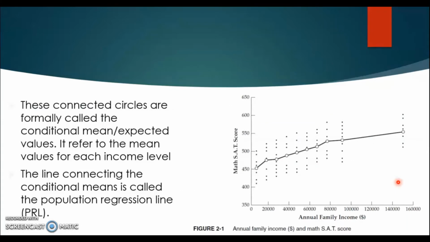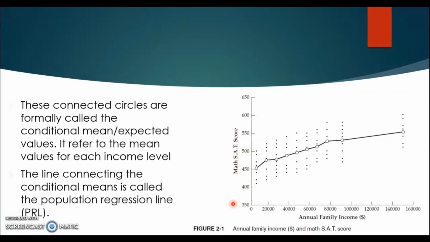So the scattergram of the previous data is as shown here in figure 2.1. In this graph, the horizontal axis represents the annual family income, while the vertical axis represents the student's math SAT score.